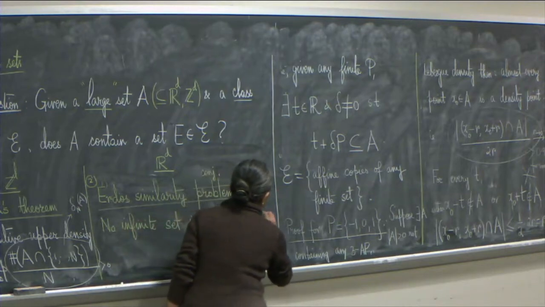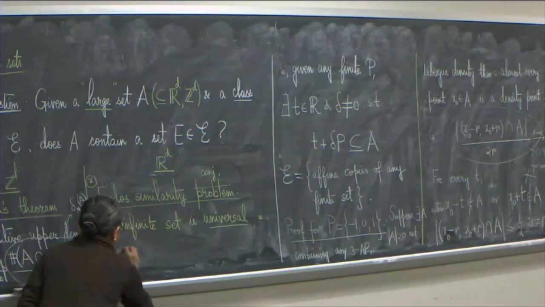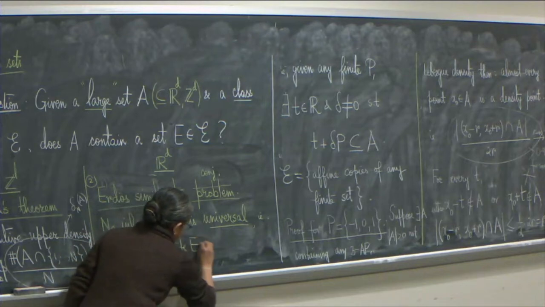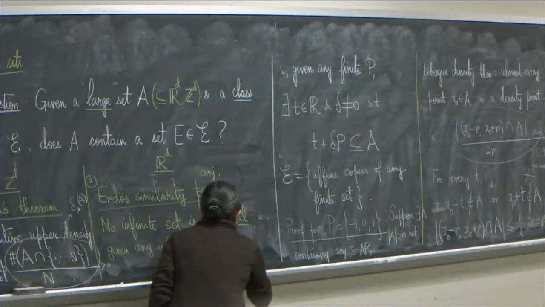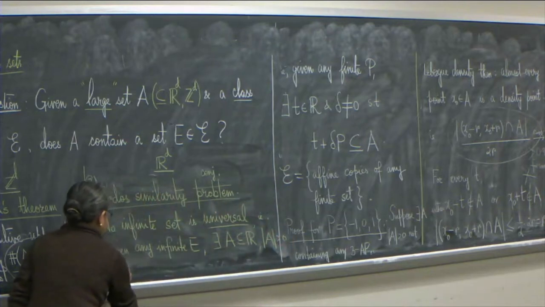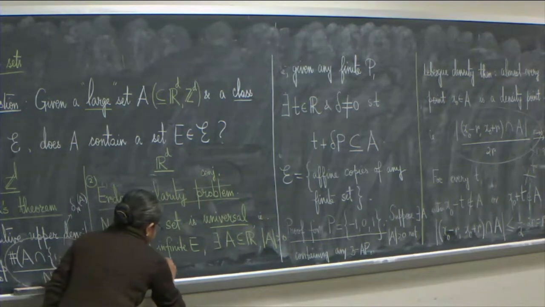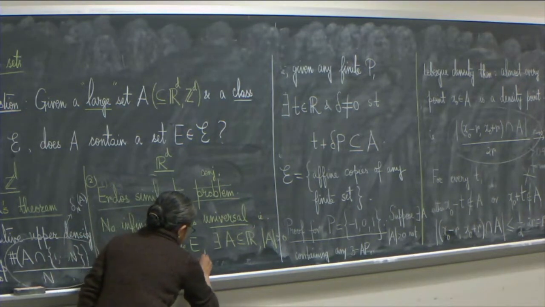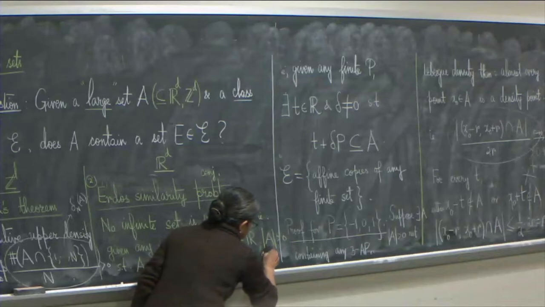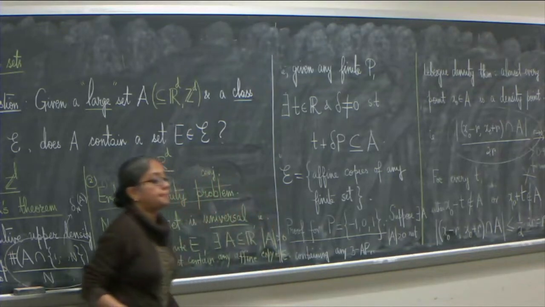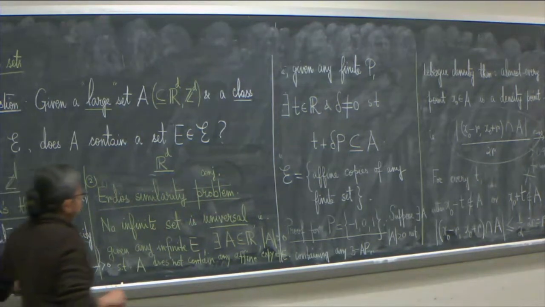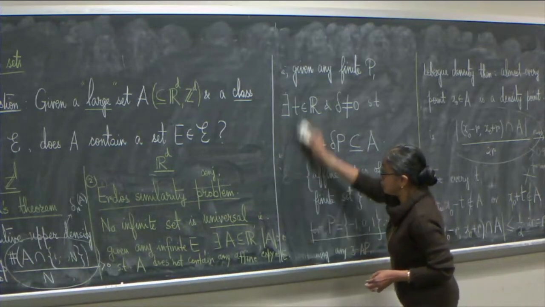And what does that mean? I.e., given any infinite set E, there exists some A subset of R of positive Lebesgue measure such that A does not contain any non-trivial affine copy of E. Now, this remains one of the central problems in geometric measure theory.